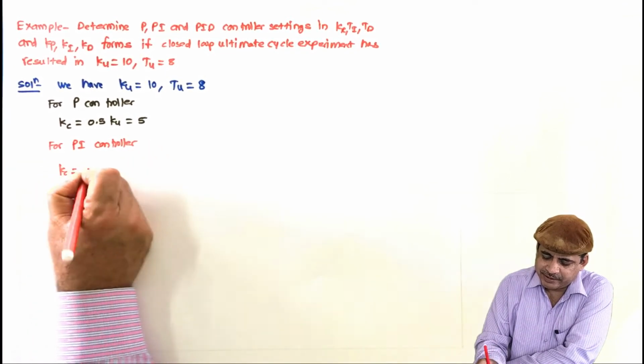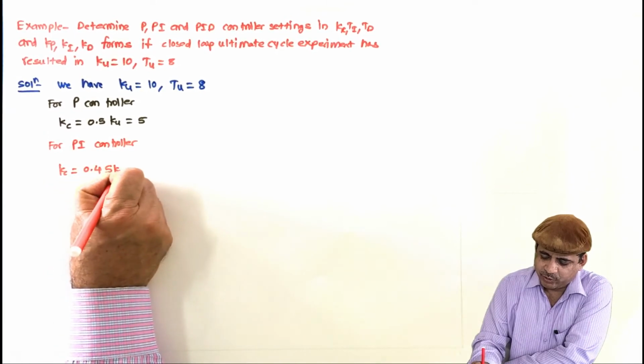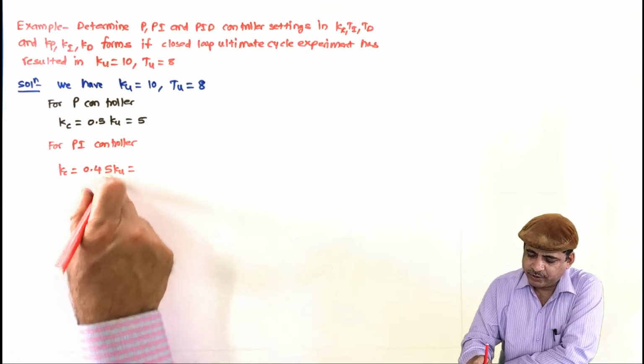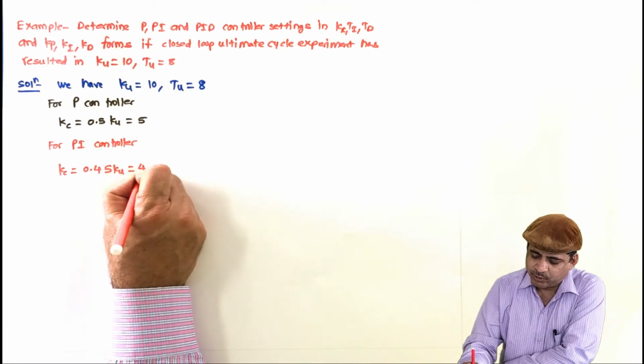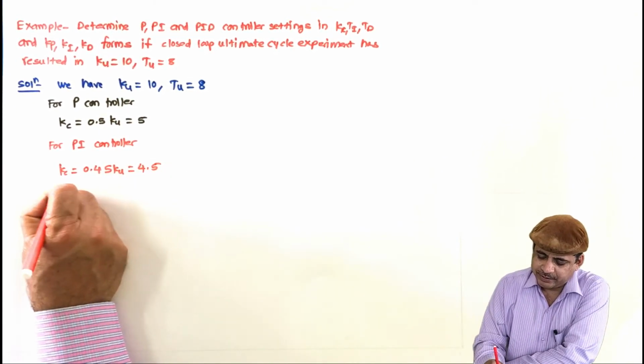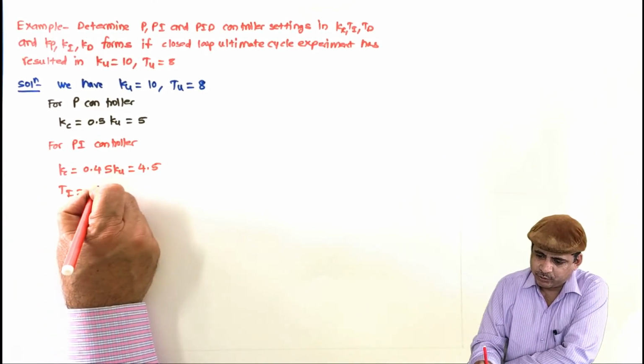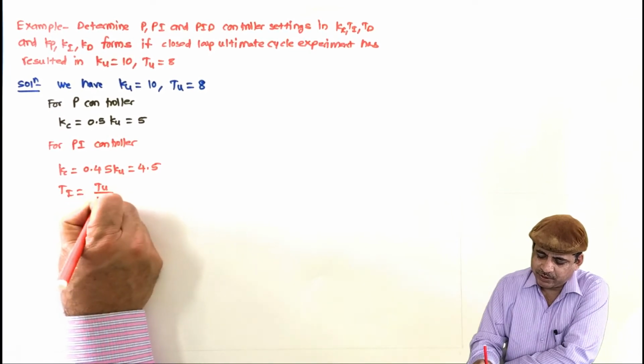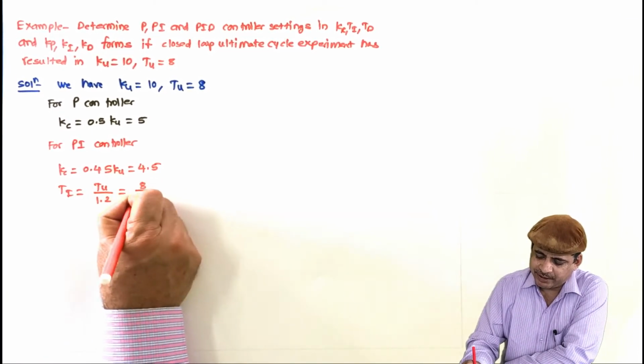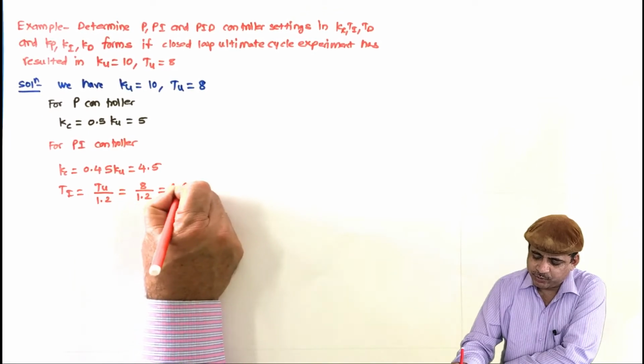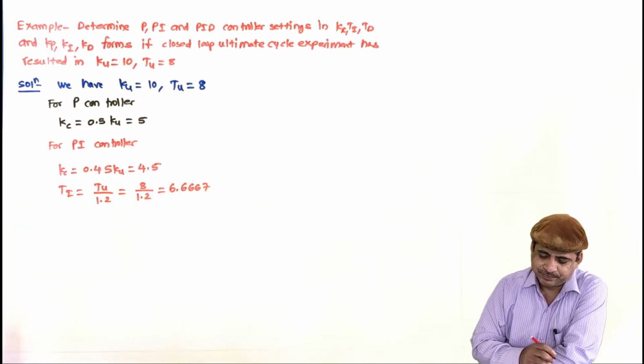The Kc is 0.45 Ku, so 0.45 into 10 is 4.5, and Ti is equal to Tu divided by 1.2, that is 8 by 1.2, which is 6.6667 seconds.